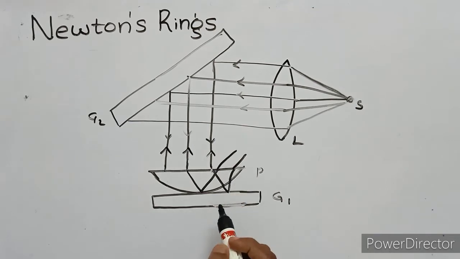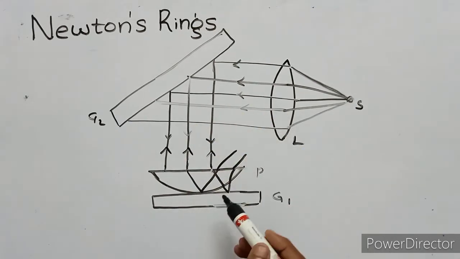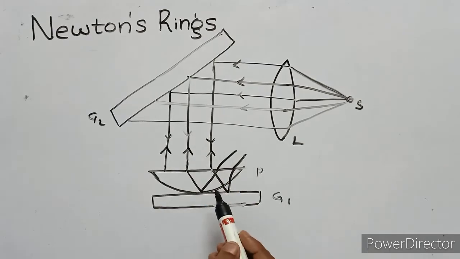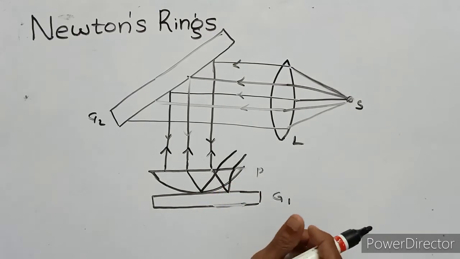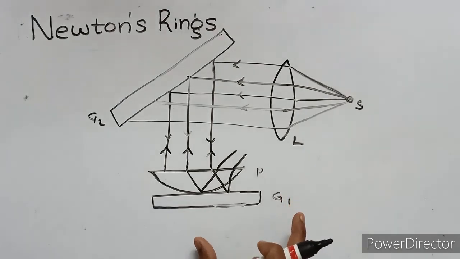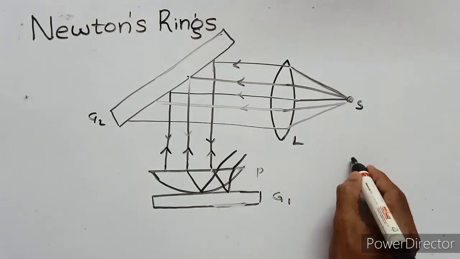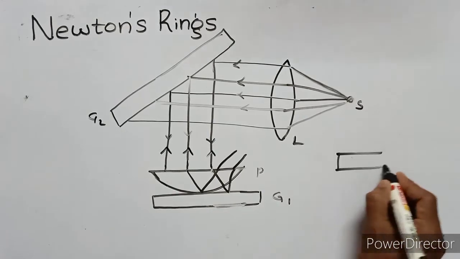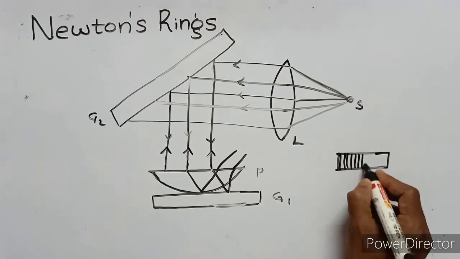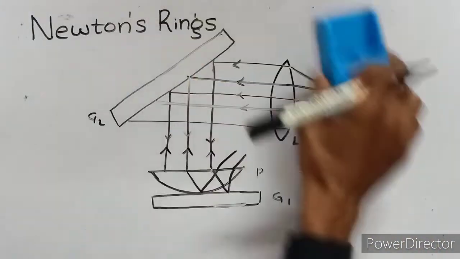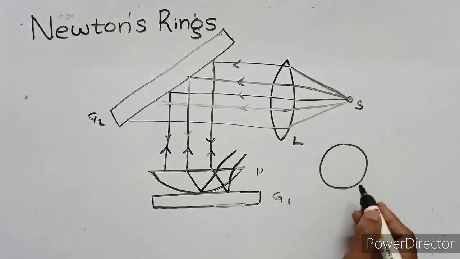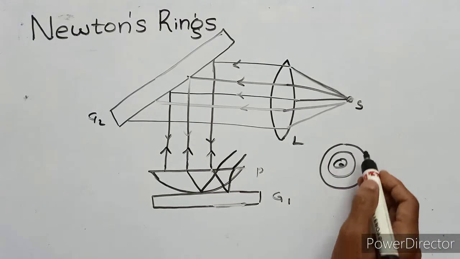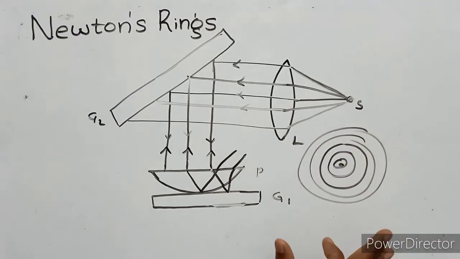Generally the interference pattern is bands, but in this experiment the pattern is observed as rings. That is why this experiment is called the Newton's rings experiment.